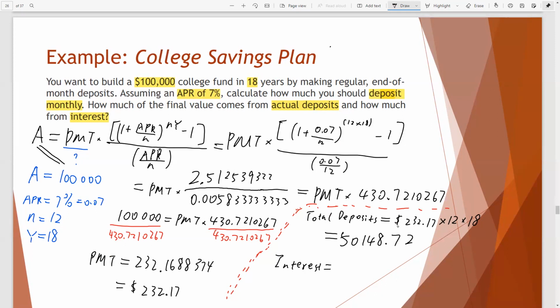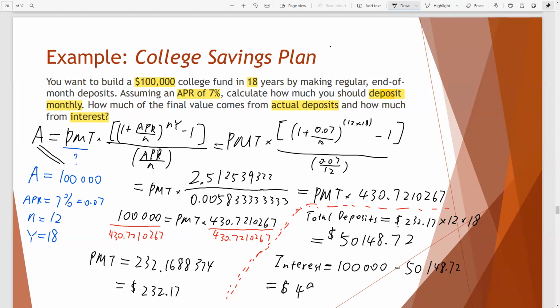Therefore, the remaining from the deposit of your total amount will be the interest. Right, let me just put a dollar sign here. Right, 100,000 minus 50,148.72 will be the amount of interest, right?